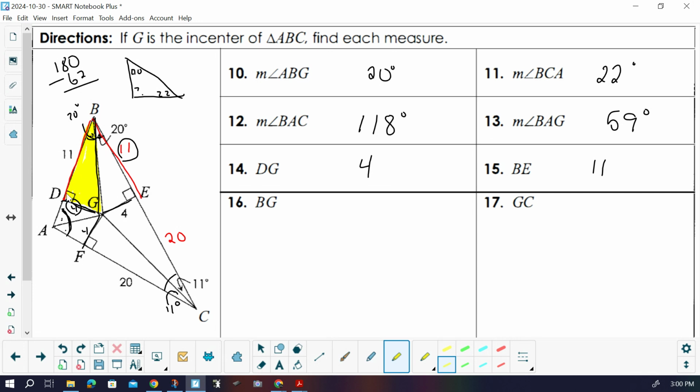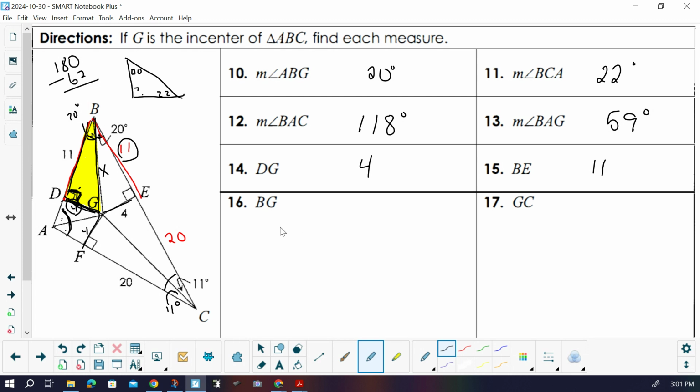So we've got this right triangle, and let me see what sides I've got. I've got an 11 and a 4. Those are my two legs, and BG is the hypotenuse because it's opposite the right angle.